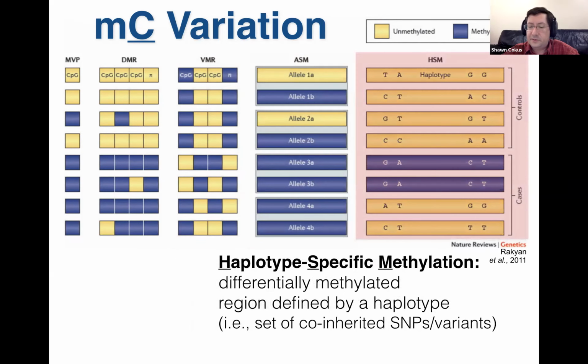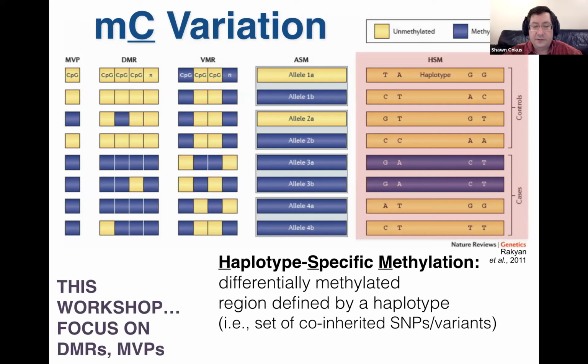And there's haplotype-specific methylation where a whole haplotype, meaning co-inherited SNPs or variants in a region, an inherited block, controls some methylation. In the workshop, we're going to focus pretty much on DMRs, and not even MVPs much, although the tools that compute DMRs sort of have to deal with it. But we're going to focus on DMRs.